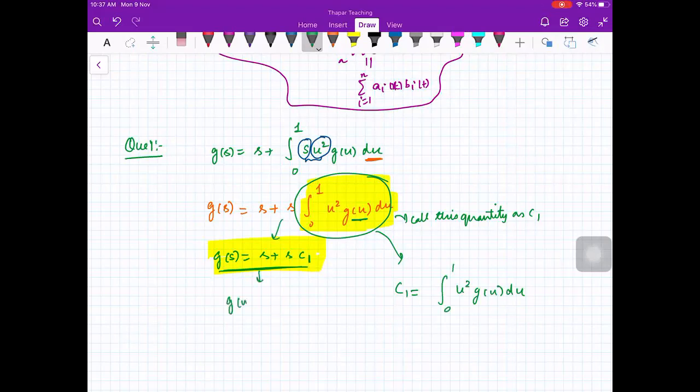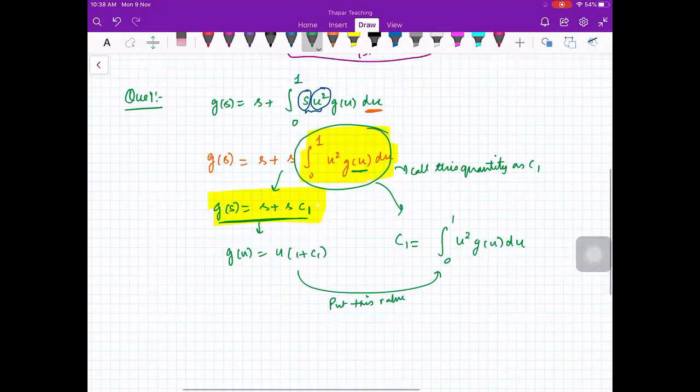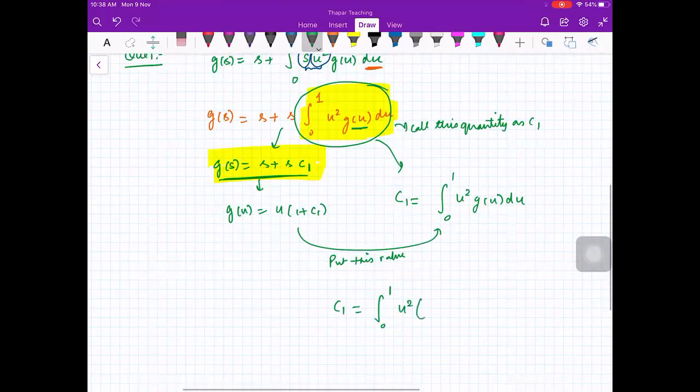So g(u) is, you replace s with u, u(1 plus c1). Put this value here. So you will get c1 is equal to integral 0 to 1 u square, in place of g(u) you will write u into (1 plus c1), du.